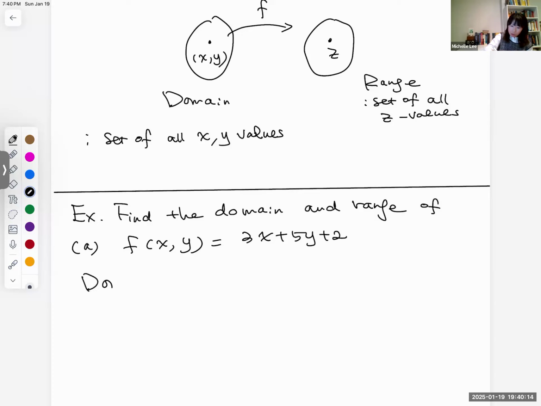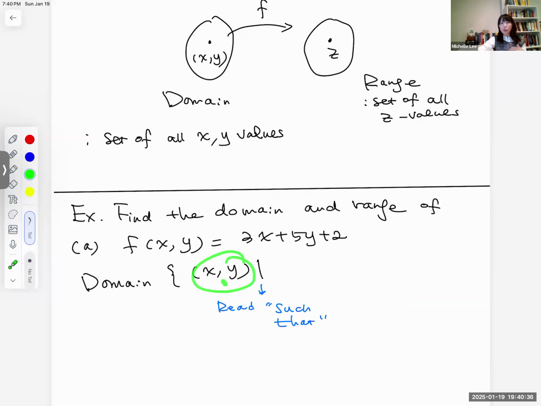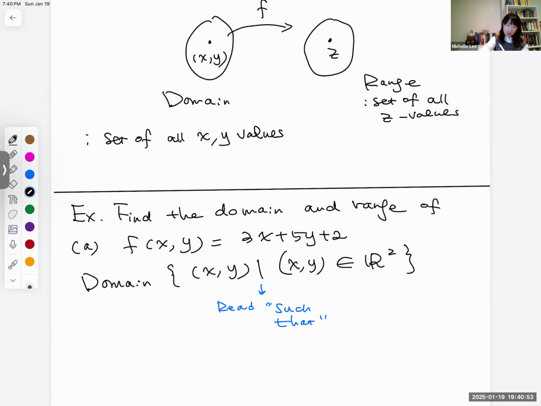Okay, so let me write down the domain. We make a set of x, y such that, read as such that. We know this is just a general form, and then we want to indicate detail. So what kind of domain do they require? x, y belongs to R2, so all real numbers.